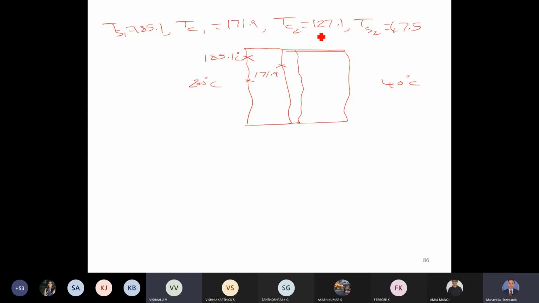Compared to 171.9, there is almost a 44 degrees Celsius drop, which is quite considerable. Finally here it is 47.5, which is again quite a drop.